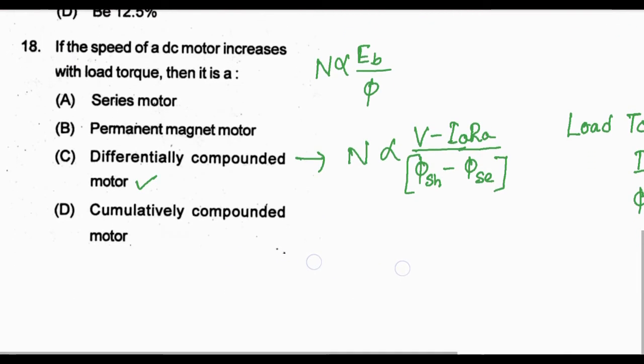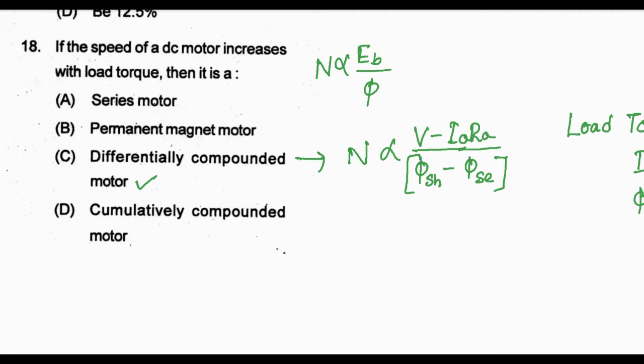Next is, if the speed of a DC motor increases with load torque, then it is: option A series motor, option B permanent magnet motor, option C differential compound motor, and option D cumulatively compound motor. We know that the speed of a DC machine is directly proportional to EB by phi.